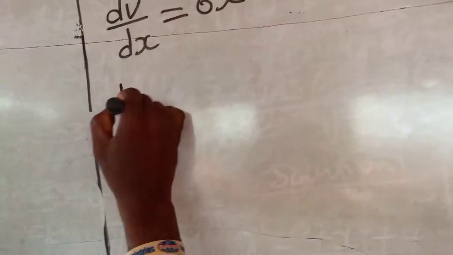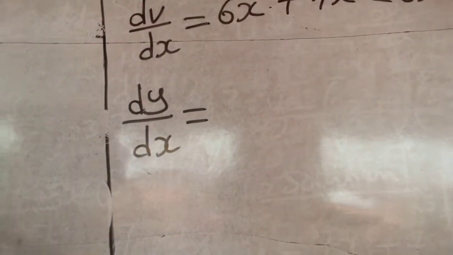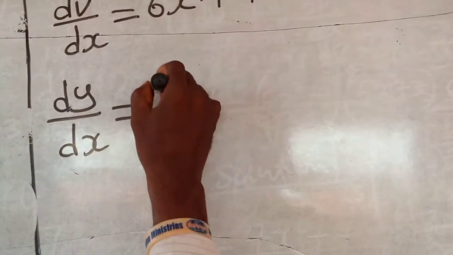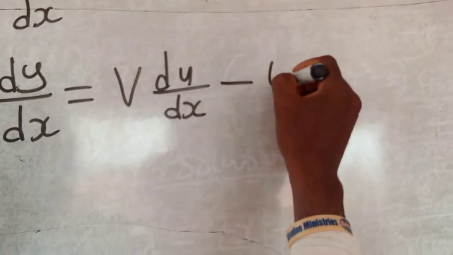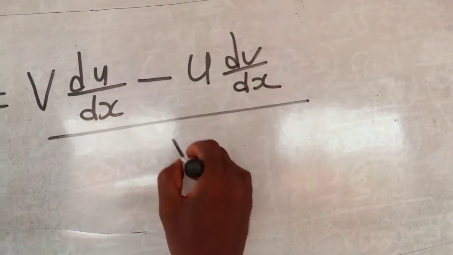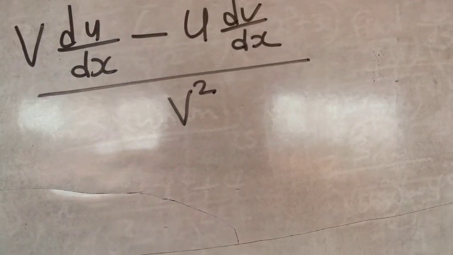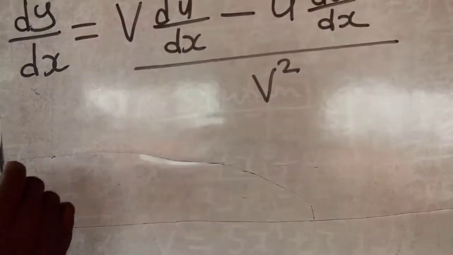Then you can now write dy over ds will now be, you write this formula: v du over ds minus u dv over ds, all over v squared. Again, we now substitute.